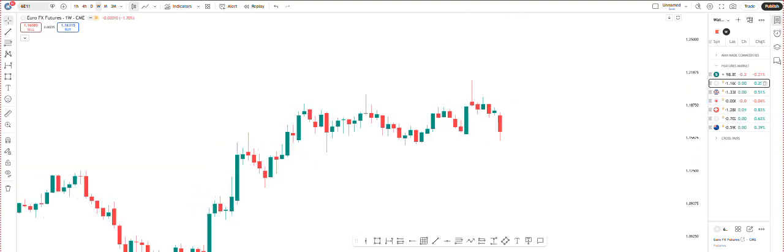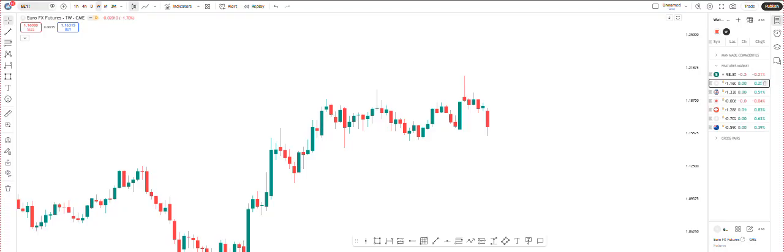I don't know why this thing is not working, but no problem. So we'll have to map out a supply zone just around here. A supply zone just around here.